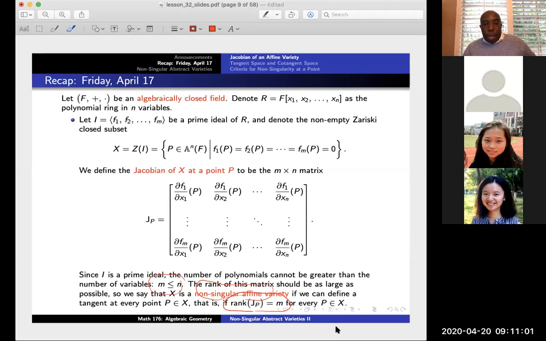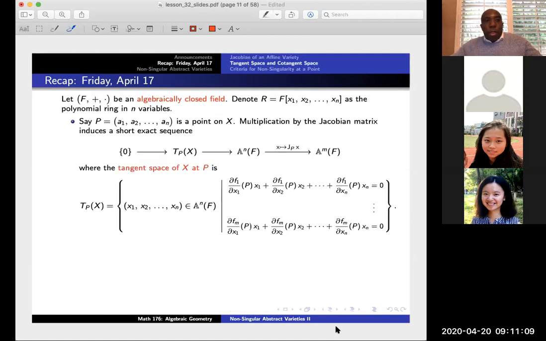Right, so what I want to do is remind you today, why did we say rank is equal to m? Why was that kind of the trick that we wanted? So say that we have a point on our variety x. We'll write this here in terms of our coordinates, a1, a2 through an. And what we see now is that this Jacobian matrix defines matrix multiplication.